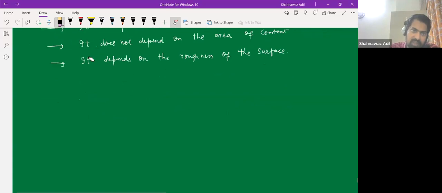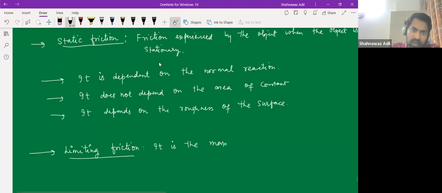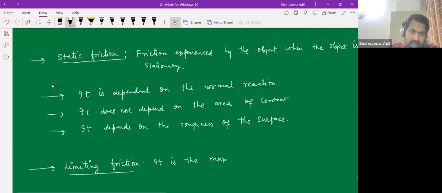And then we have this limiting friction. This was also one point I mentioned in the static friction: that it is an adjustable force, right?